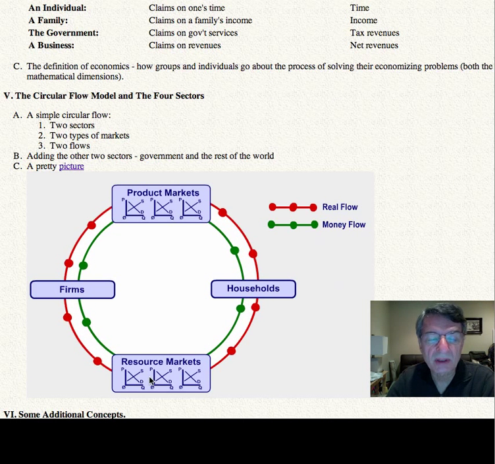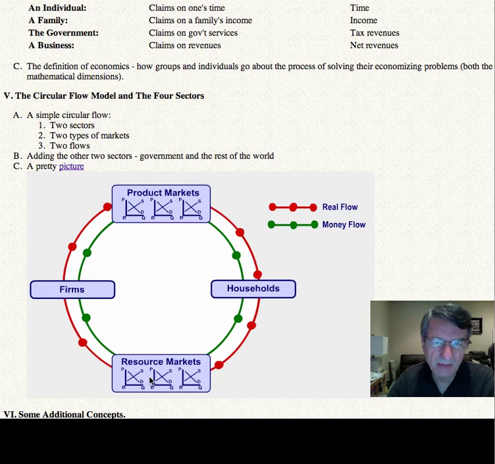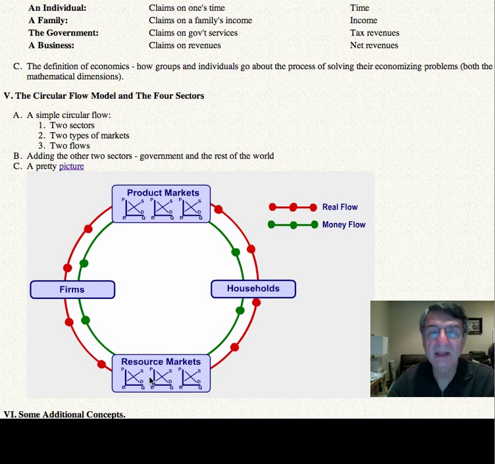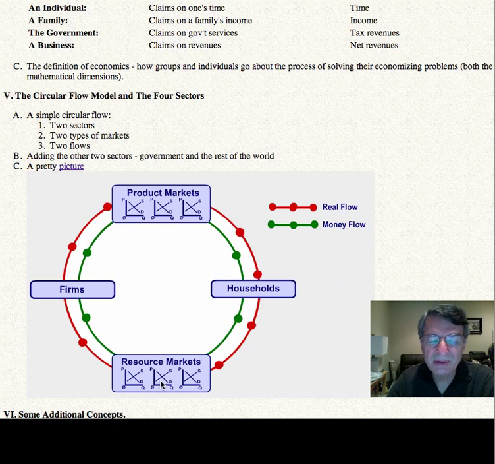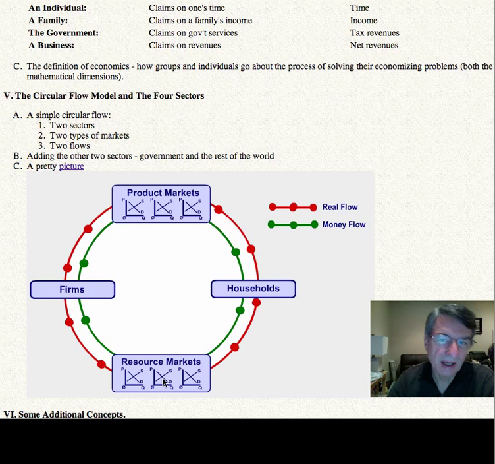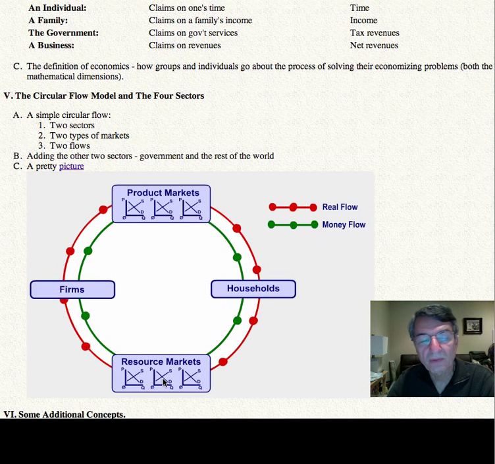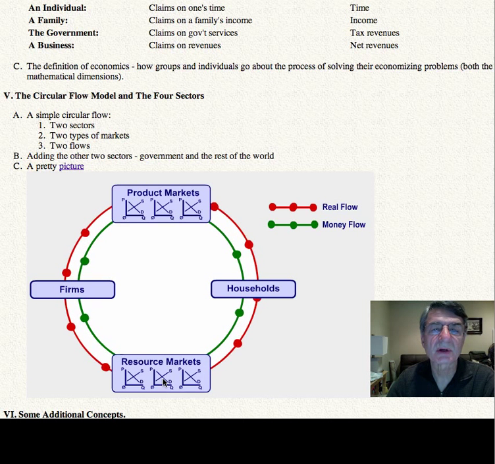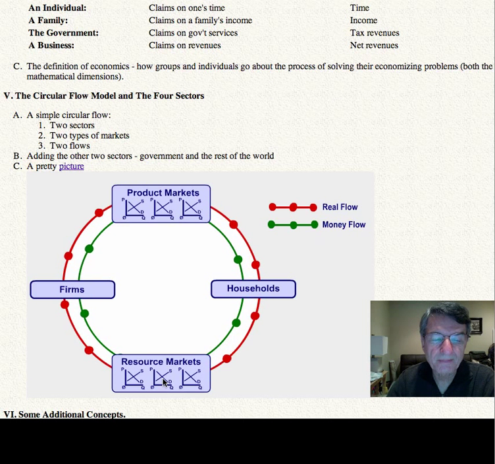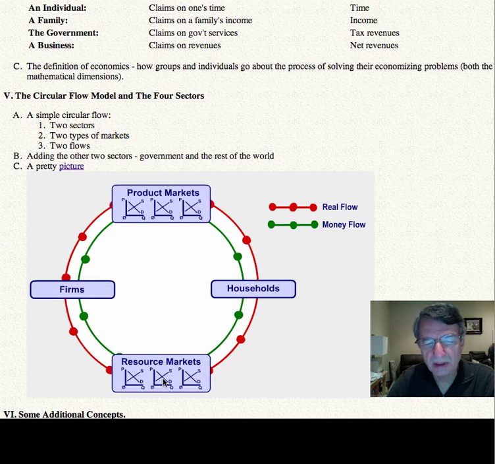So when you train to be an accountant, for instance, instead of a medieval lit major, the signals are coming from these resource markets that accounting skills are more rare or scarce than medieval lit major skills.